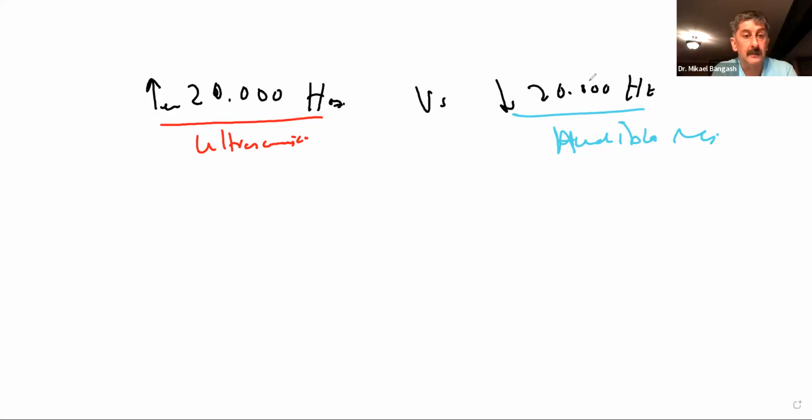So whether it is a high frequency wave or a low frequency wave, they will travel at the same speed through the same medium. Clear? Okay. Do they attenuate less when traveling in soft tissue?